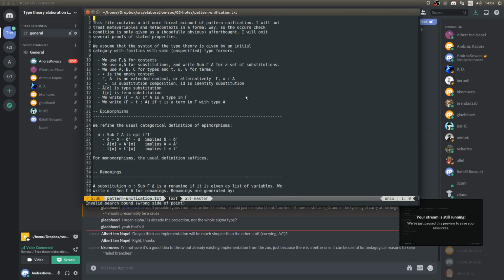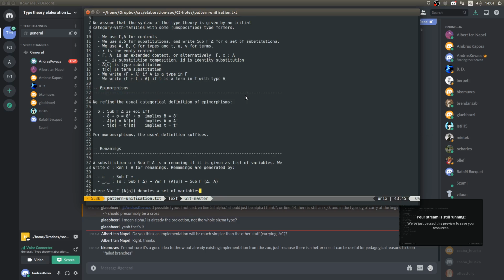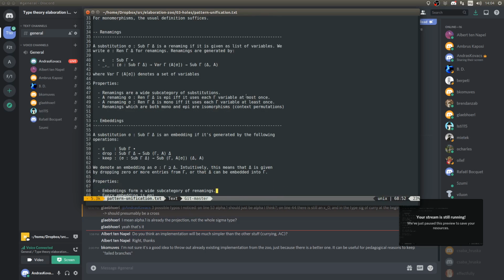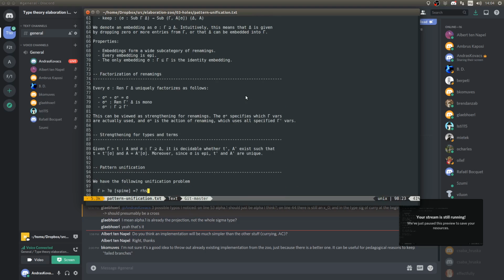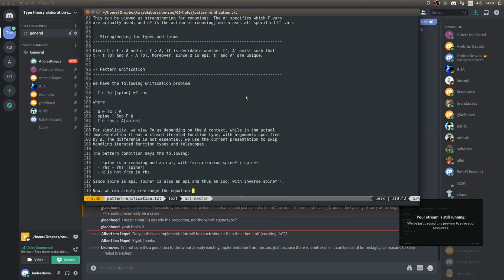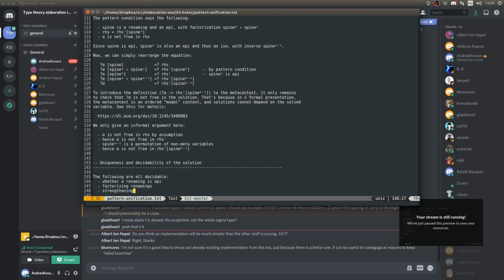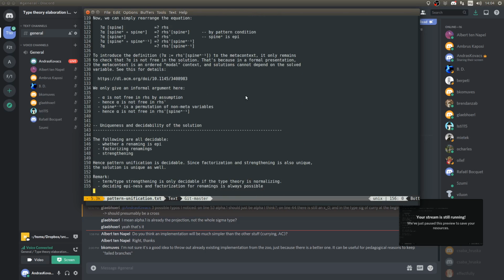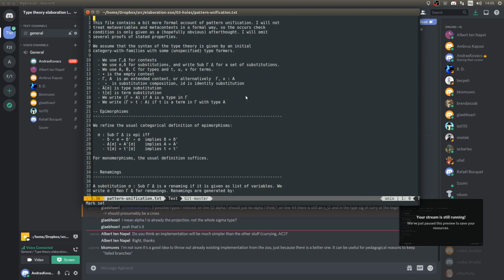Here I just have a bunch of definitions like epimorphisms, renaming, properties, embeddings, factorization, strengthening, and then a sketch of a proof that the pattern unification is unique and decidable. But this only works for the simple naive pattern unification.